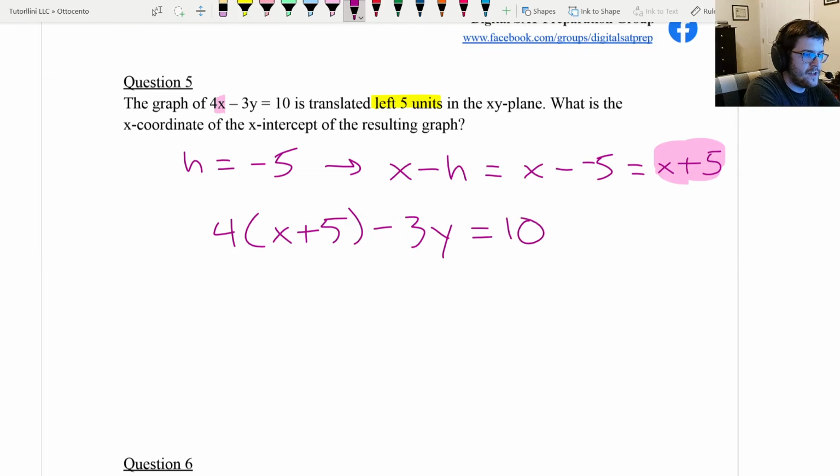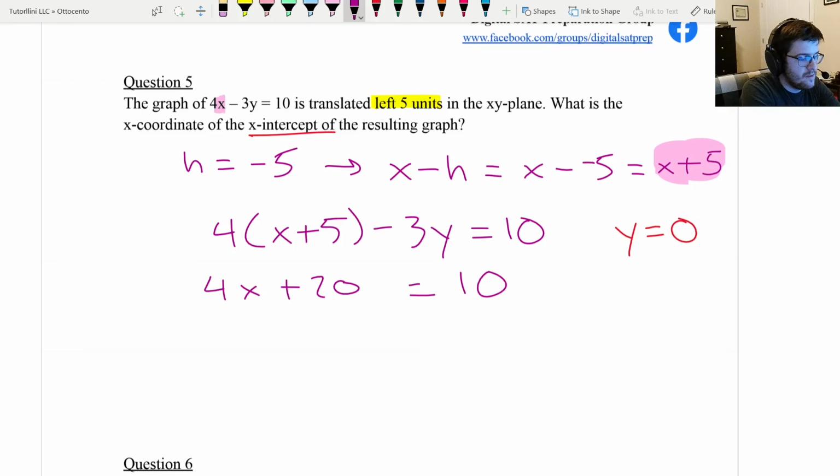And now they want us to find the x-intercept. So we're going to plug in y equals 0. And we get 4, and this whole guy just kind of goes away. Negative 3 times 0 is just 0. And we get 4x plus 20 equals 10. Subtract 20, we get 4x equals negative 10.